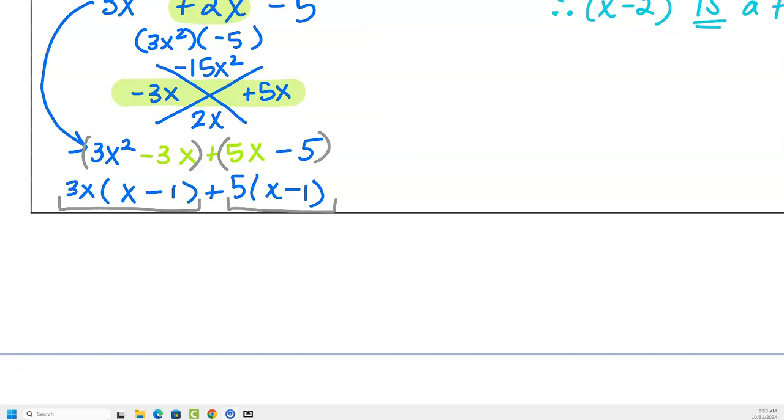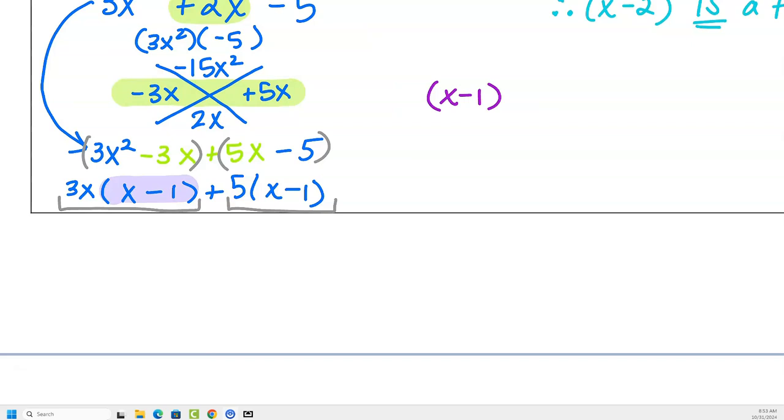Okay, so what do these both have in common? They both have this x minus 1 in common, so I get to write that in the front. So it will be x minus 1 in the front, and then what do I take out?